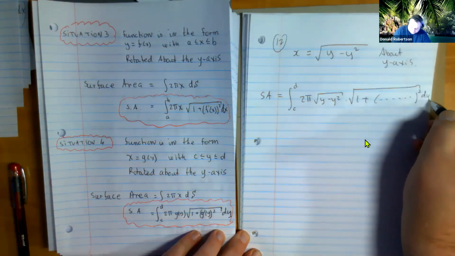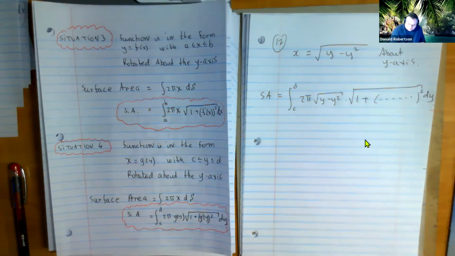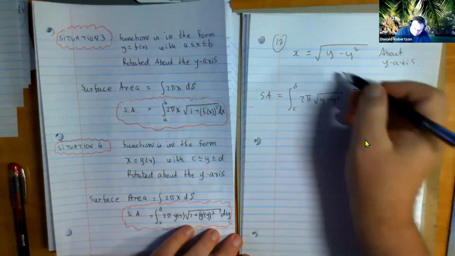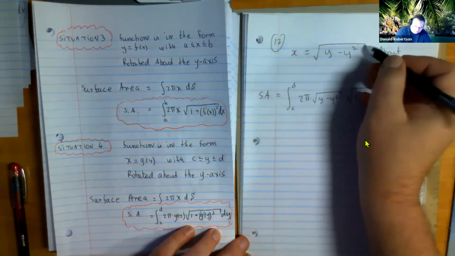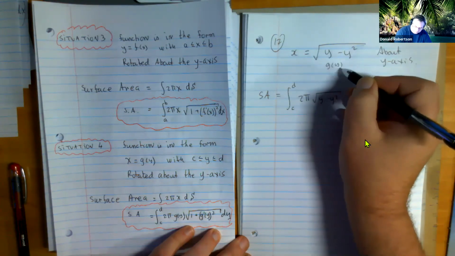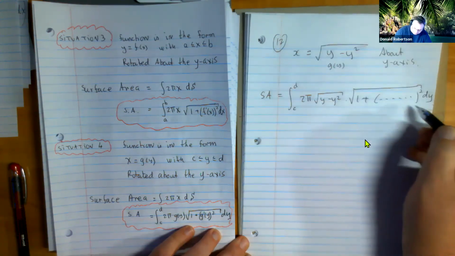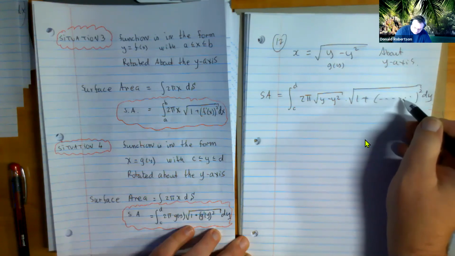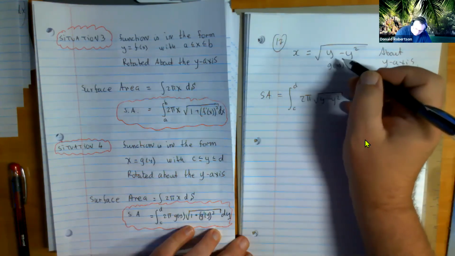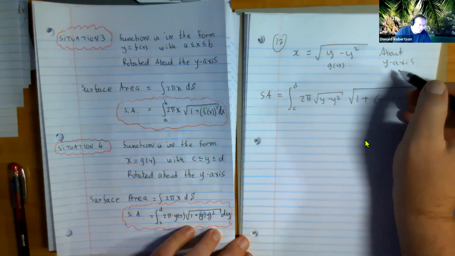So there's 2 things that are missing. The first one is I need to differentiate this fella, and square it and make it look pretty. And then the other part is I need to know a start and a finish.